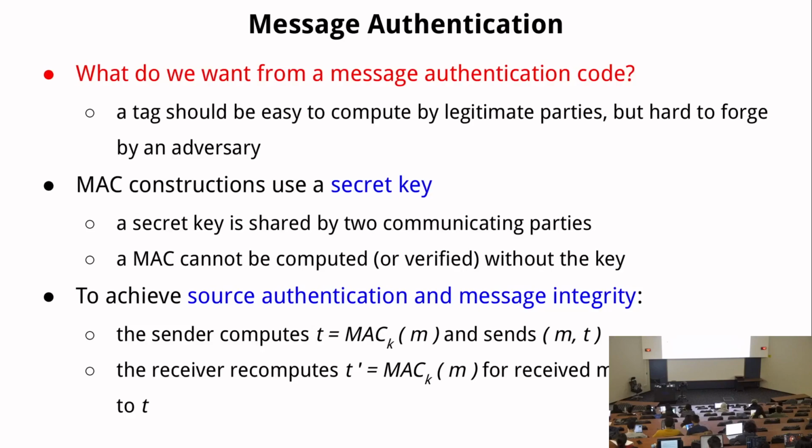The code we are generating, we just call a message authentication code. This code should not be easy to compute, or even verify, without the key. So only those two communicating parties can generate a legitimate MAC.